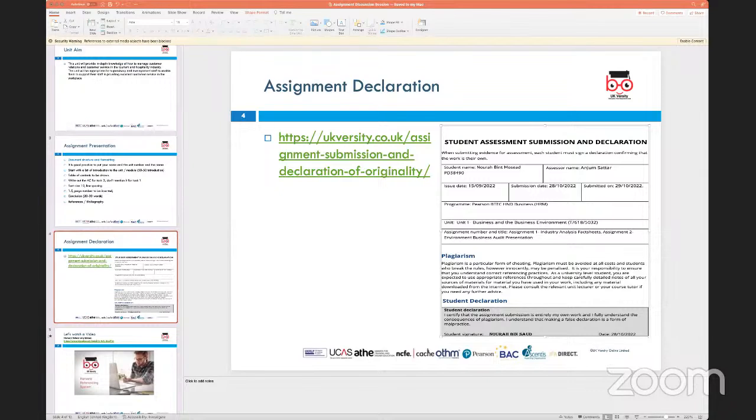That is called the Student Assessment Submission and Declaration Form. And you would fill your names in detail, and I've just put a screenshot of what the declaration looks like.